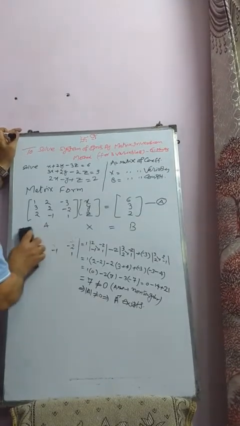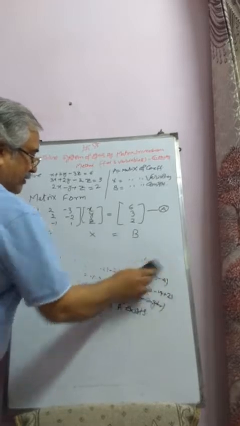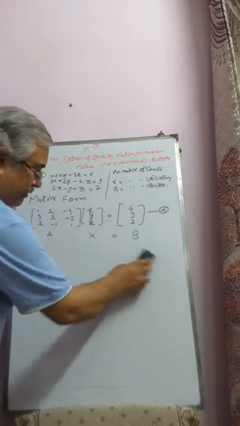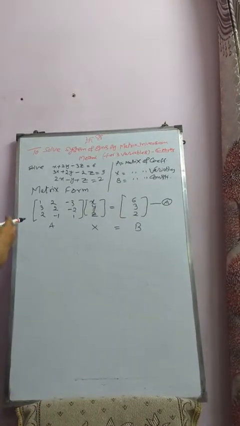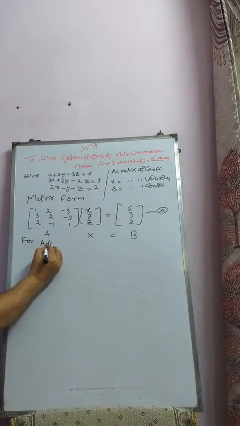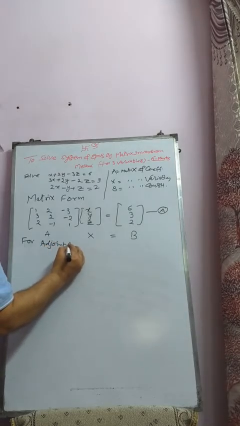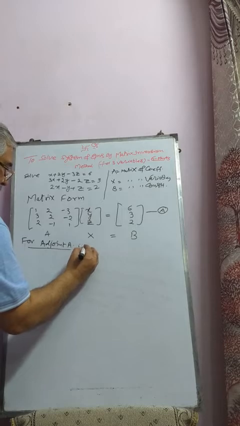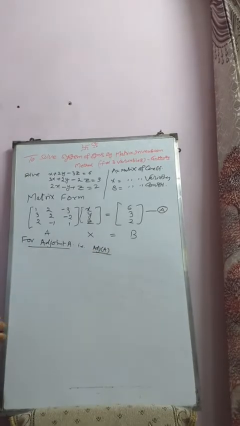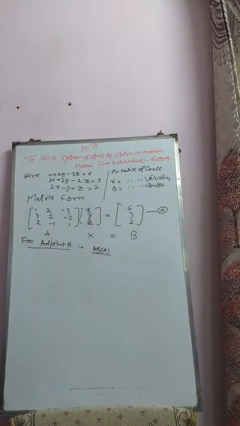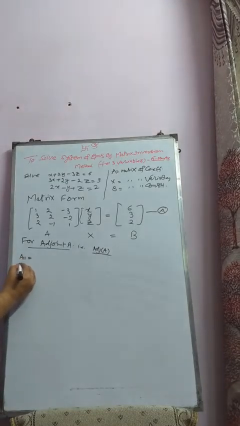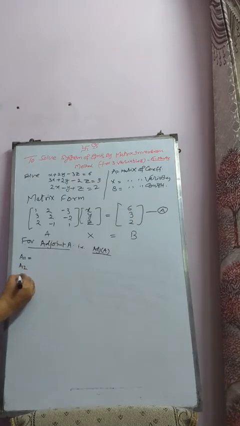Now students, in continuation, for adjoint A, we are taking the list of cofactors, that is A11, A12, A13.